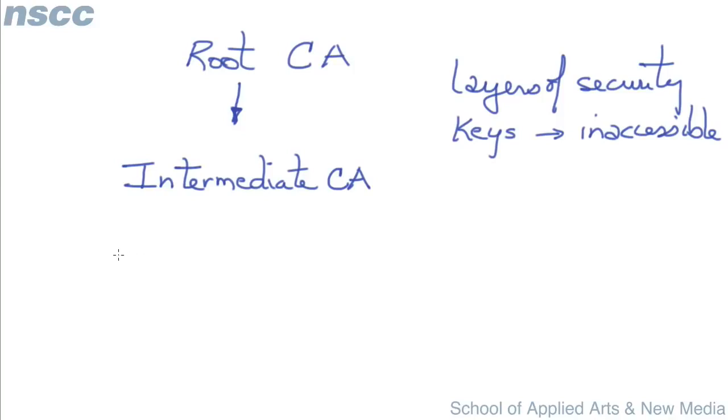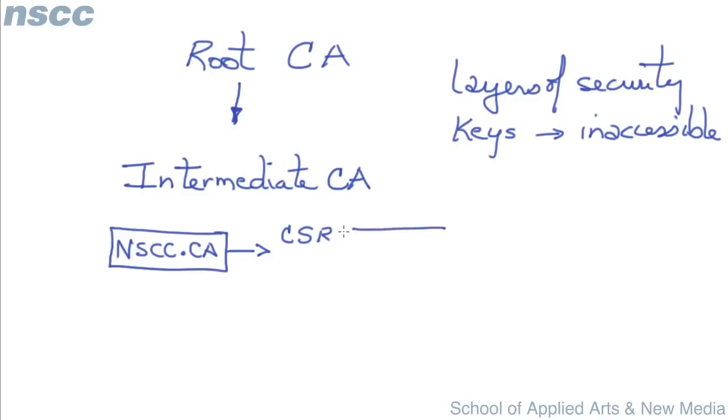So let's suppose we look at our organization nscc.ca. It can now make a certificate signing request to an intermediate CA. So we'll just call this ICA.